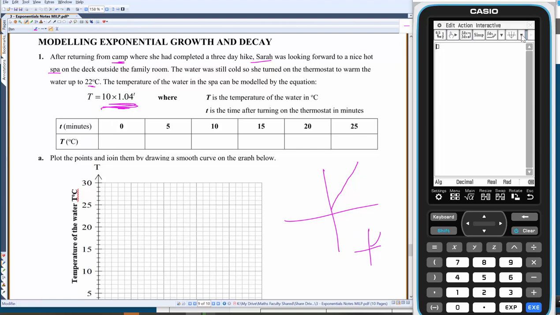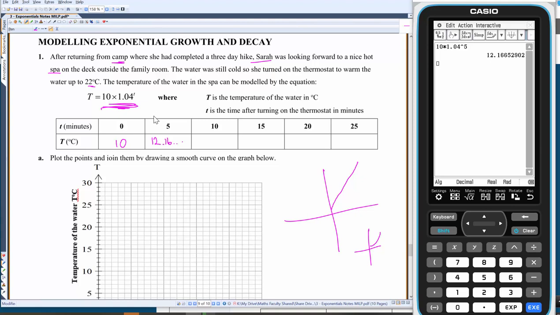All right, so let's use the table of values. So we're going to say 10 multiplied by 1.04 to the power of 0. Now that should be the initial temperature, which is 10 degrees. No wonder she wanted to heat it up. Okay, now after 5 minutes, 12.16.